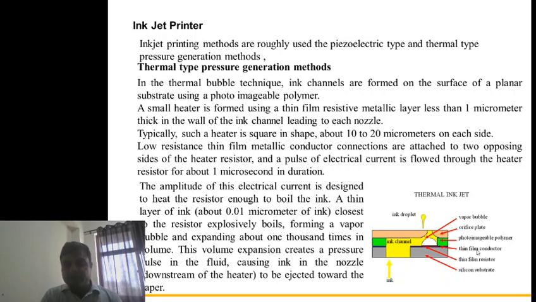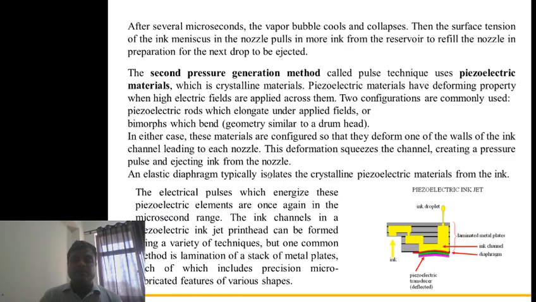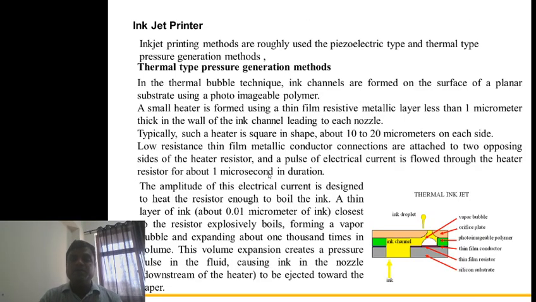The thin film conductor is connected to the resistor, and the resistor creates heating with the help of the pulse of electrical current, and the duration of the pulse is 1 microsecond, a very small duration. The shape of this heater is 10 to 20 micrometer.